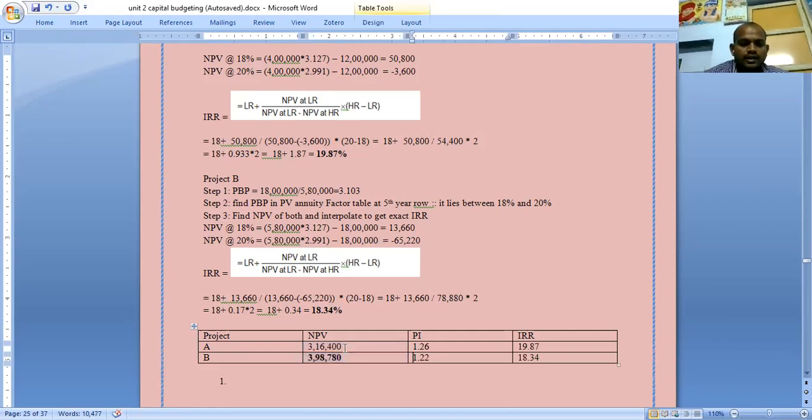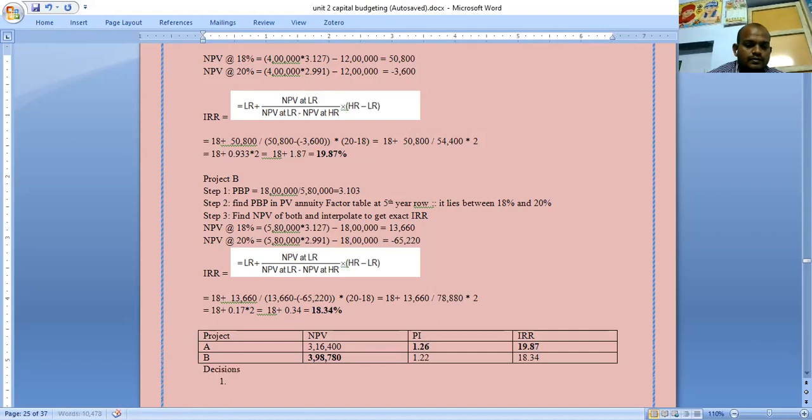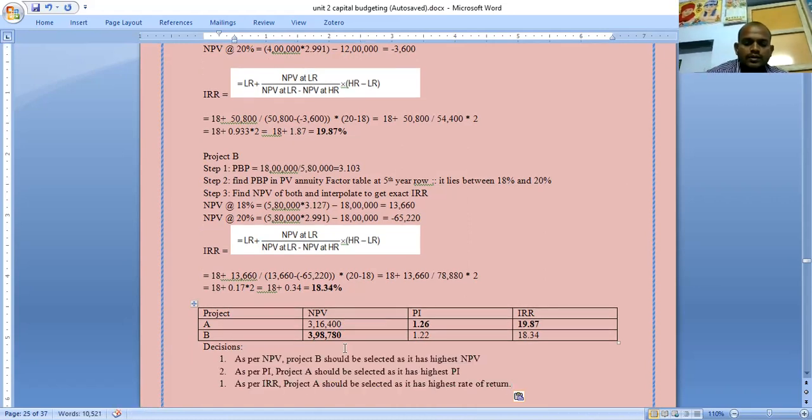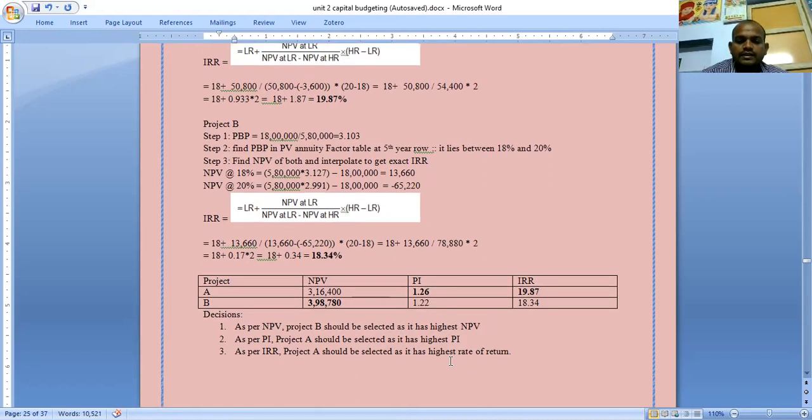So NPV is higher for project B and PI is higher in the project A, and IRR project A. So decisions are as per NPV, project B should be selected as it has highest NPV.